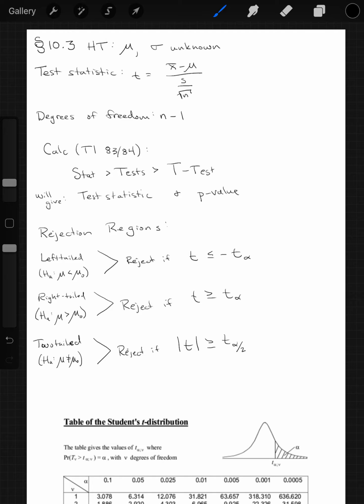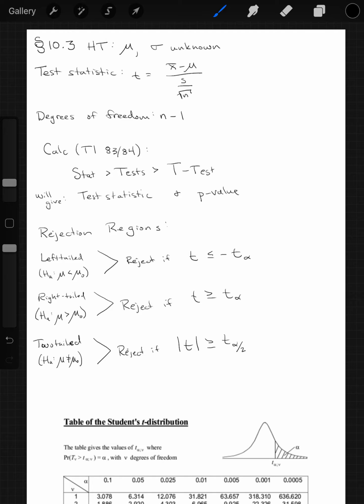But we're still dealing with hypothesis testing, and in fact, we're still dealing with hypothesis testing that has to do with the parameter mu, right? The difference this time being that we no longer have any idea what sigma is, and we don't have a good way to estimate it either.